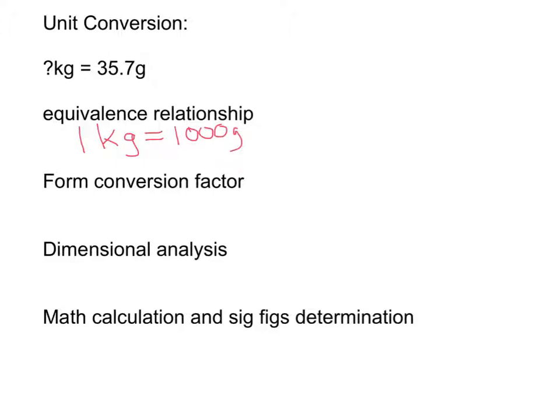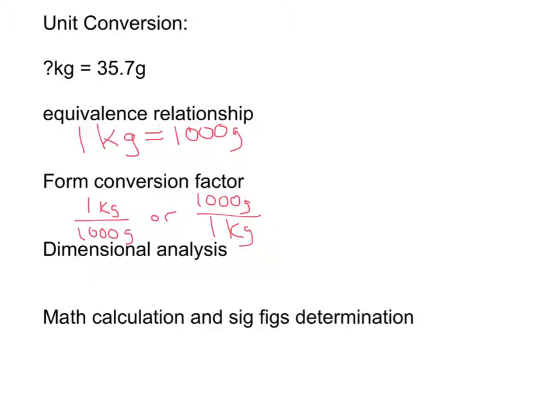That is our relationship. We then have to take that to a conversion factor. It's going to be one of two things. It's either going to be 1 kilogram divided by 1,000 grams, or 1,000 grams divided by 1 kilogram.